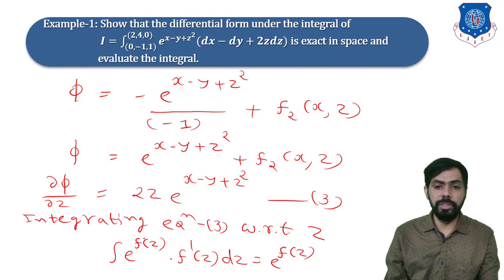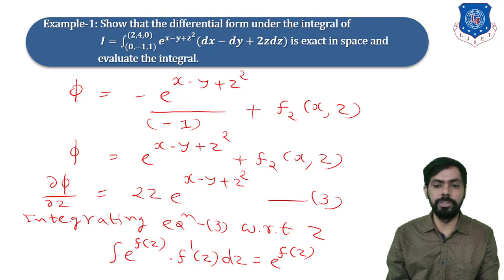Okay, so here if we take the integration of this function, that is 2z into e raised to x minus y plus z square, here f of z is x minus y plus z square, and if we take the derivative of this f of z, then it will be 2z.